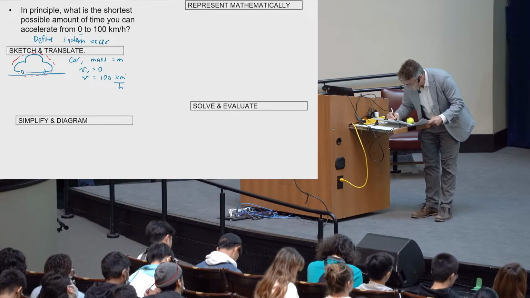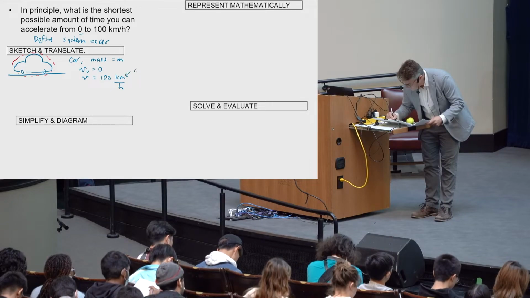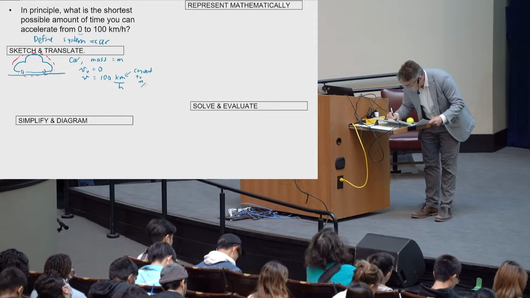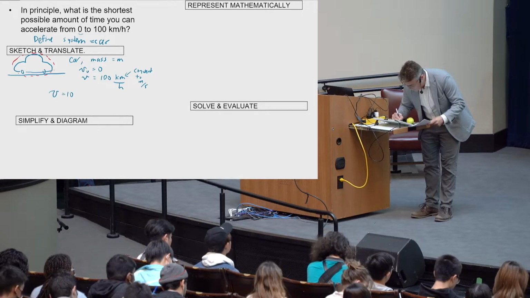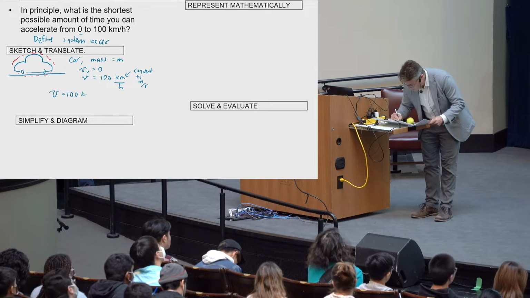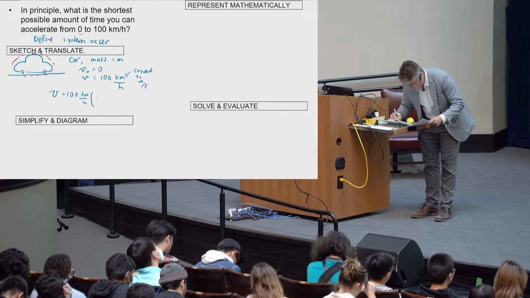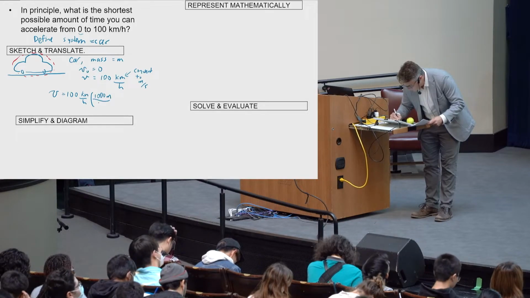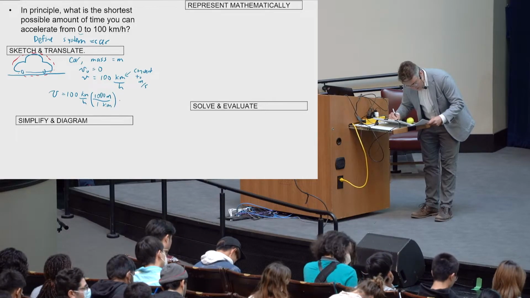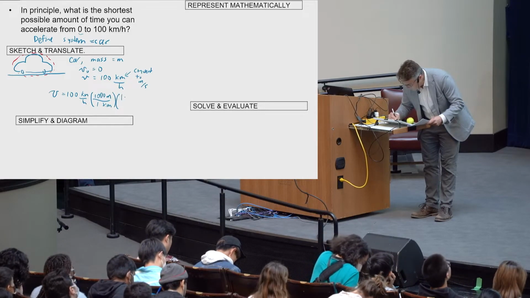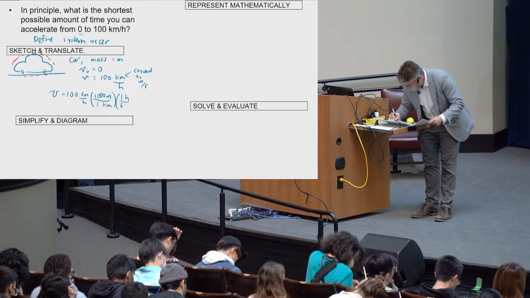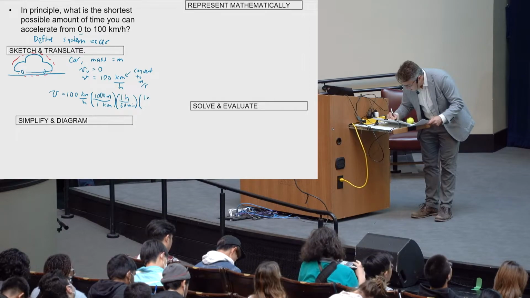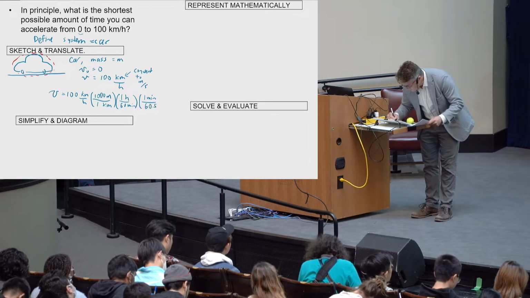Let's convert to meters per second. I'm going to use g and stuff like that, so I want meters per second. So V is equal to 100 kilometers per hour times 1,000 meters in 1 kilometer, times 1 hour is 60 minutes, times 1 minute is 60 seconds.